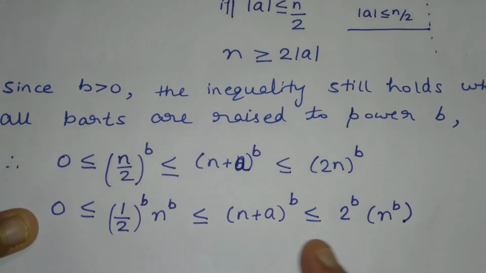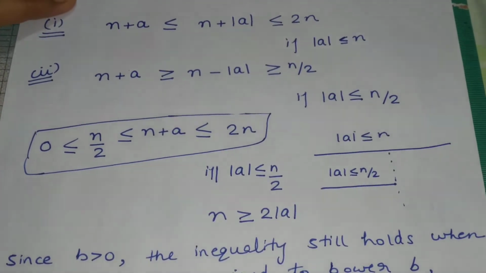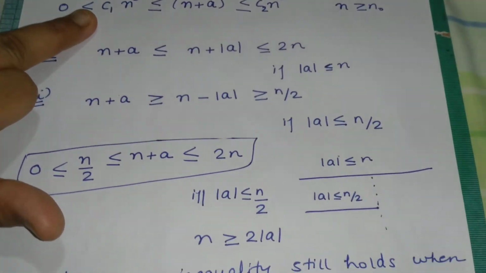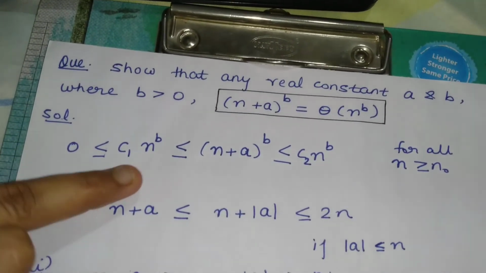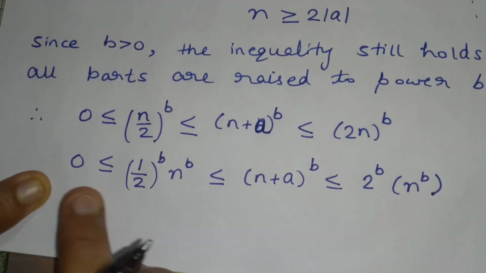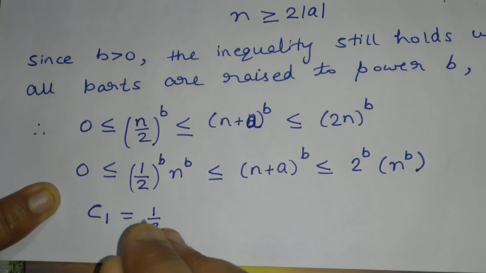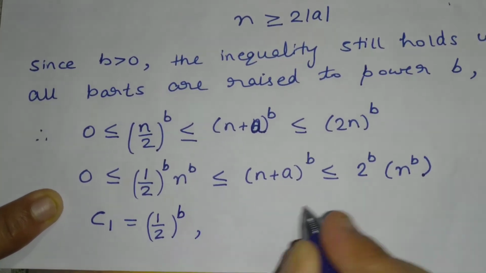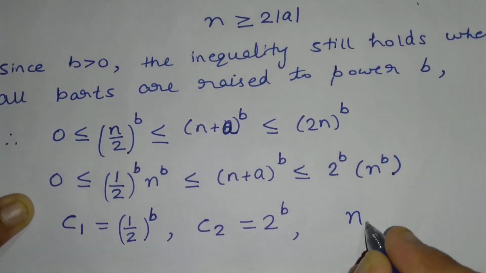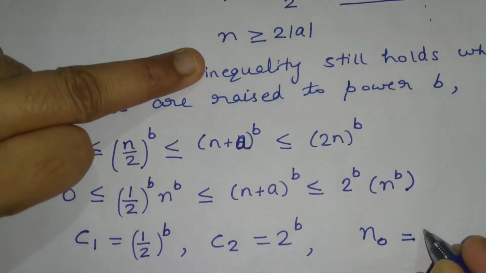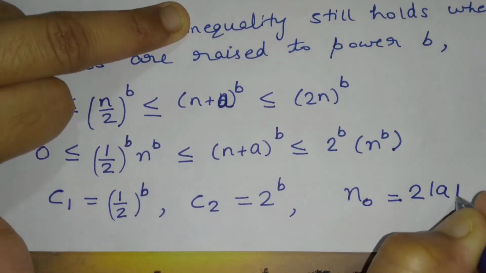If we compare this with the standard equation, we get the constant c1 as 1 upon 2^b, the constant c2 as 2^b, and the value of n naught as 2|a|.